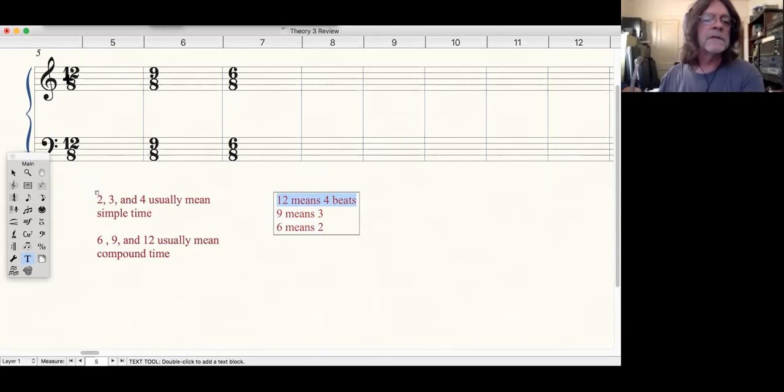And 12/8 means it's quadruple. So if I was looking at 12/8, I would call this compound quadruple. Does everybody understand that?